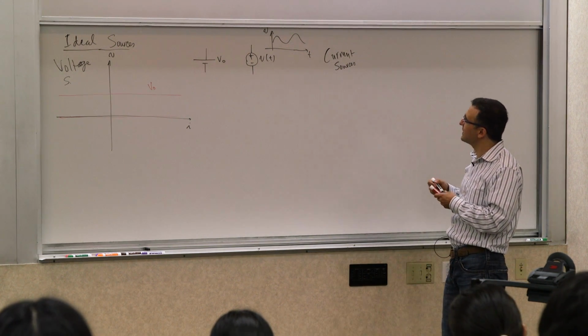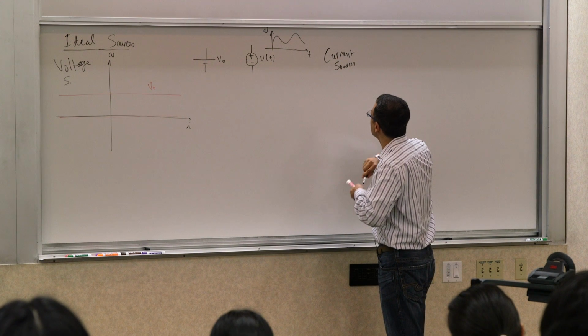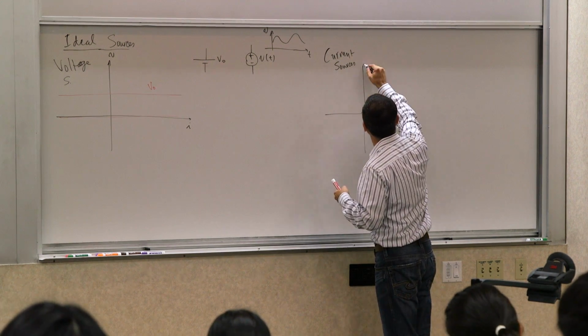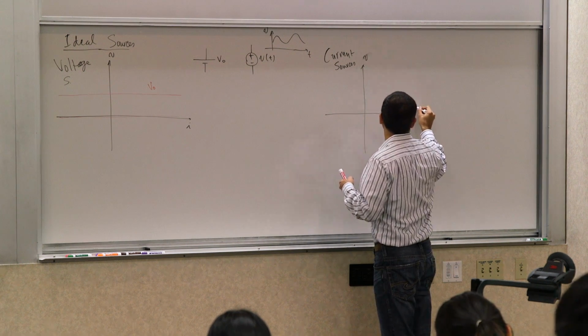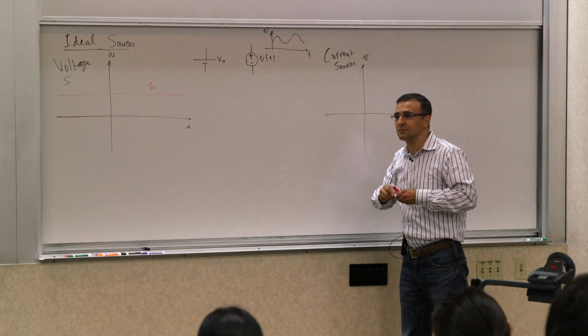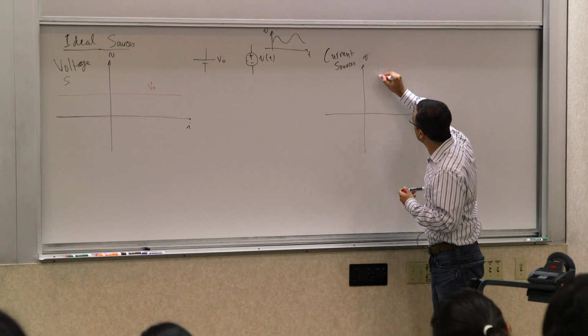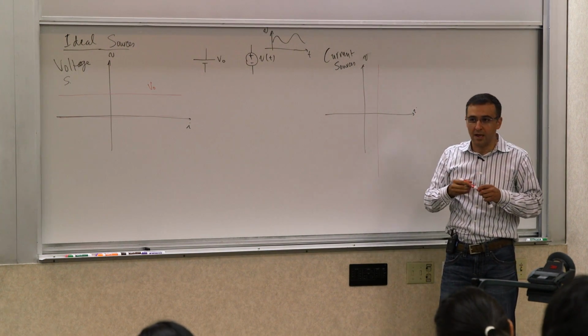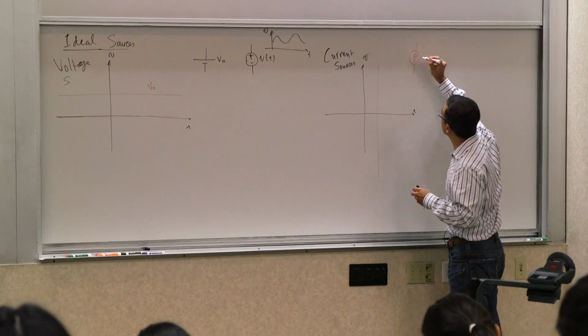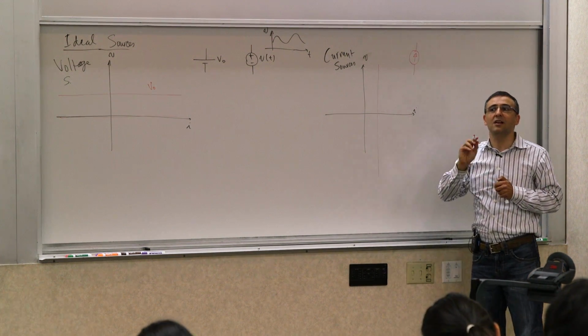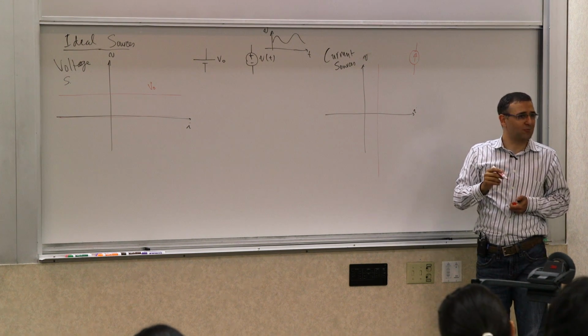So current source. What is a current source? How do you represent a current source in that IV plot? Well, the VI plot, actually, in this case. It's a vertical line, right? So it's like that. And the symbol for it is something like this. There's another symbol for it that you may see from time to time.